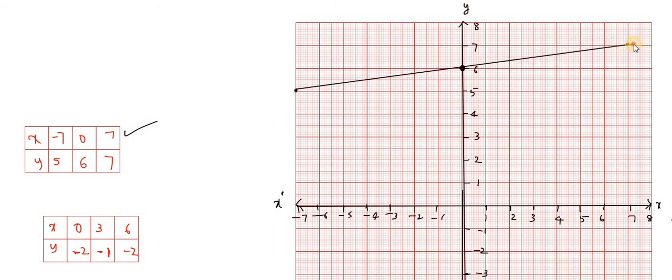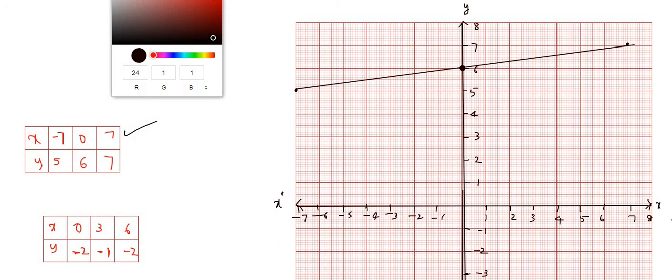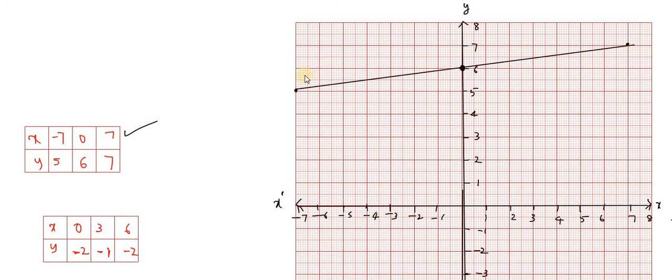Okay, we'll draw one more graph and also write the points. Here the points are minus 7 comma 5, 0 comma 6, and 7 comma 7.